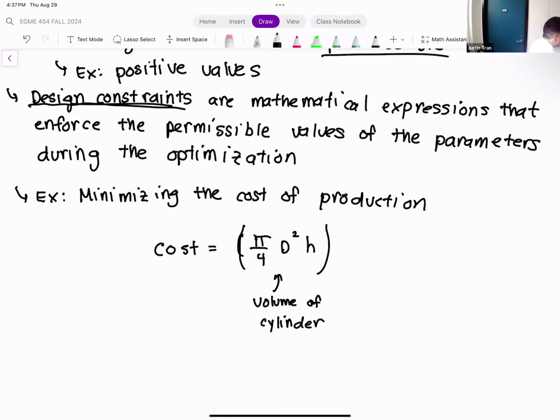That's just simply the volume of our cylinder. And then the cost is just going to be some factor or some coefficient multiplied by this, which is the cost of the material, right? Usually for material, you pay per cubic inch or per cubic foot, something like that. We'll call this A. A here is the cost.